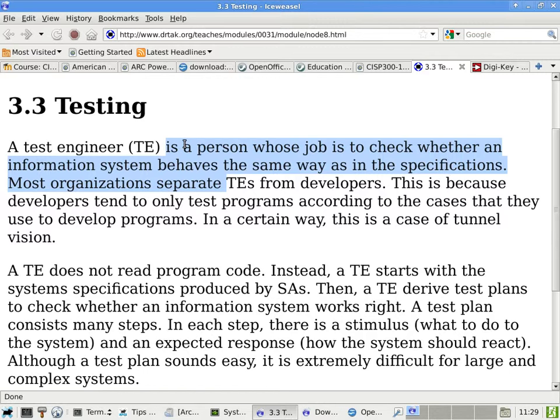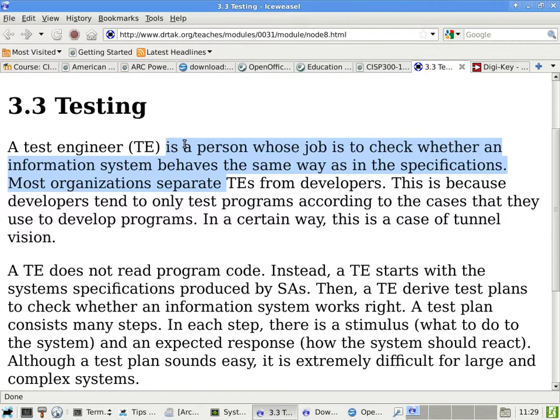Okay? So a lot of times, the programmer will write the program according to their understanding of the specifications. If they miss a point, they miss a point. They miss a point reading the documentation, and they will miss the same point when they write the program. When you ask them to test the program, they will miss exactly the same point.